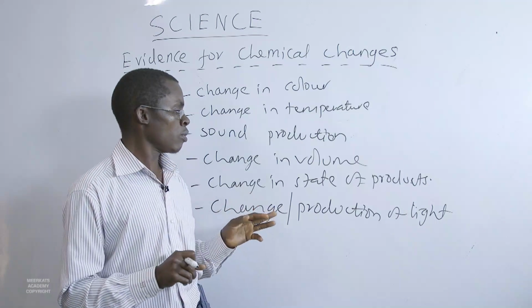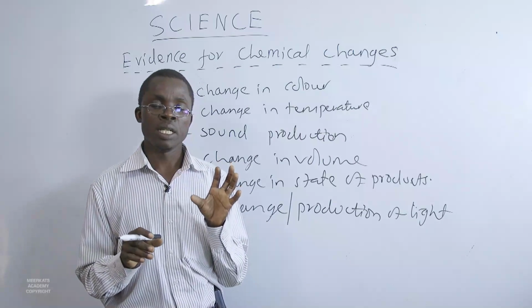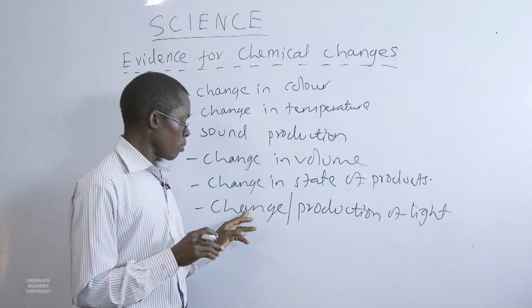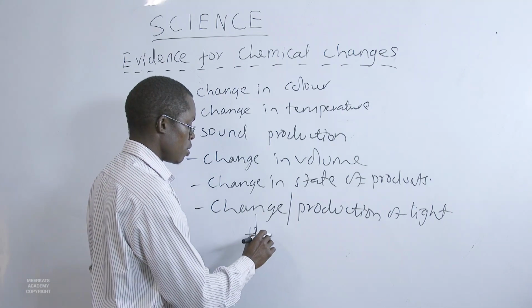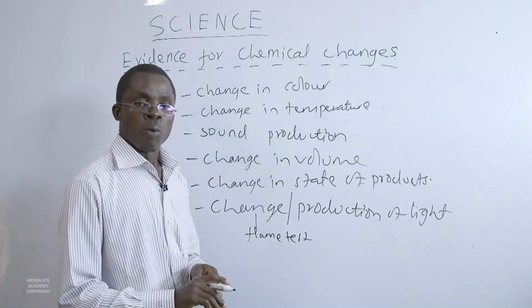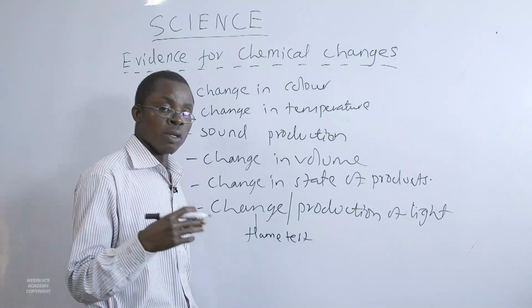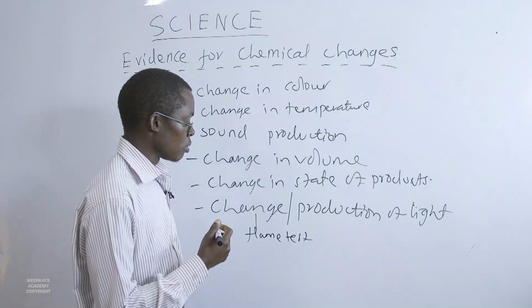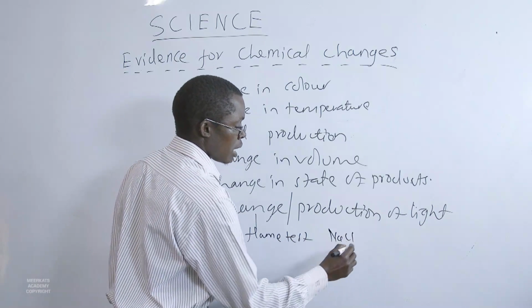So in change of light, it mostly takes place in solid state. A good example here is when you are doing something like a flame test. When you get some crystals or a solid, in the lab you can test sodium chloride as a crystal.